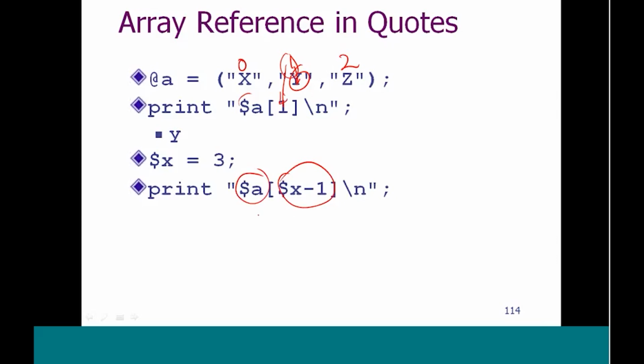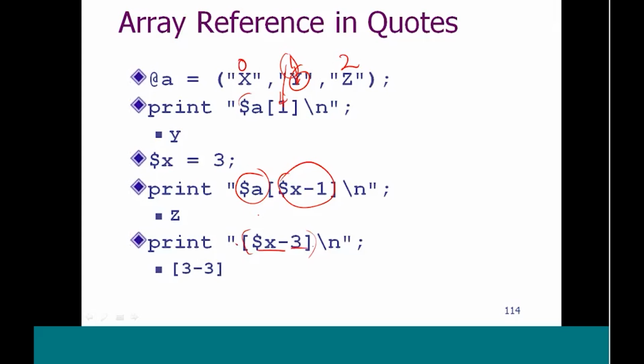So it should print out the z, which is what it does. Now when we do this one alone, what does it print? Any answer? It directly prints $3 - 3, because it knows that it is an index context, but there is nothing there, so it will print out directly this.